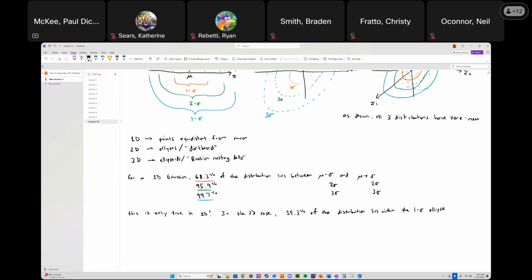And then for a 3D case, we only have 19.7% of the distribution lies within the 1 sigma ellipsoid.